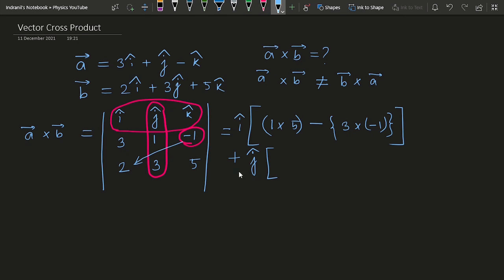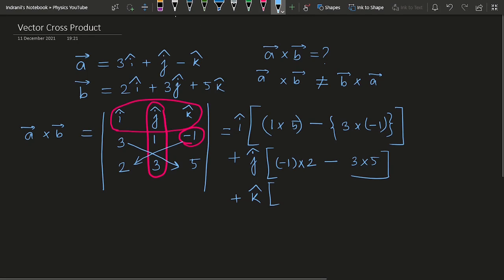So it will be -1 times 2, then minus, we go from here to here, so 3 into 5.